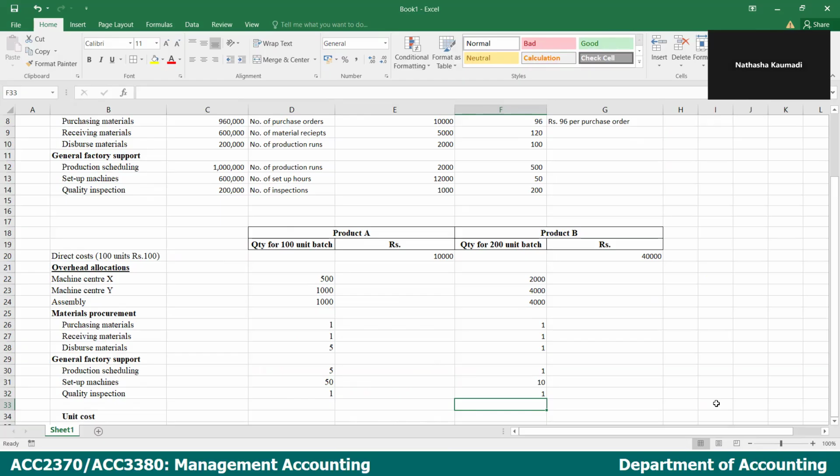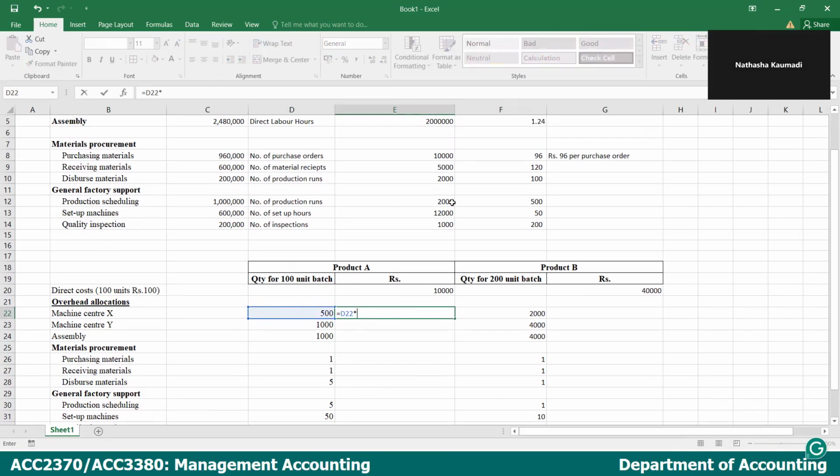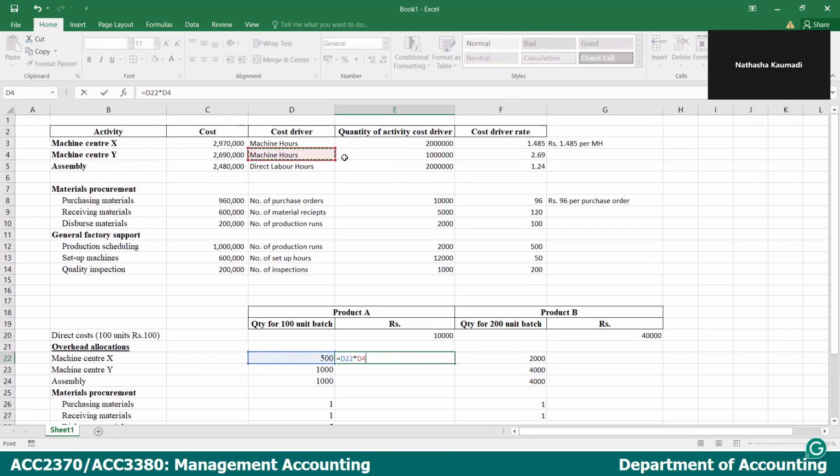Now, just a matter of multiplying the number of hours or number of orders or number of schedulings by the rate calculated. Now here, 500 machine hours required. What is the rate per machine hour? Machine center X, per machine hour, 1.485.